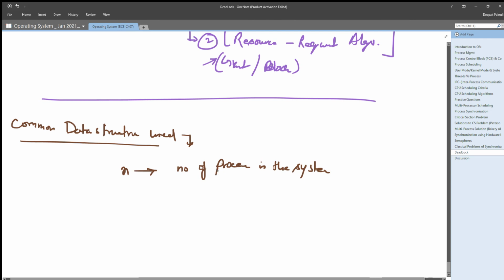We will represent the total number of processes in the system by n, right? Next we will use m. It is a variable which will show the number of resource types in the system. So these are the basic variables these algorithms are using.